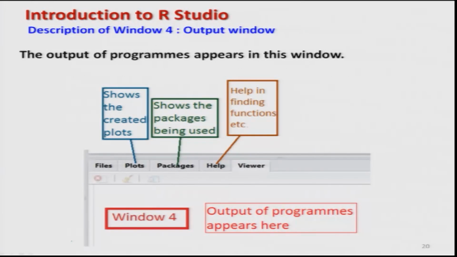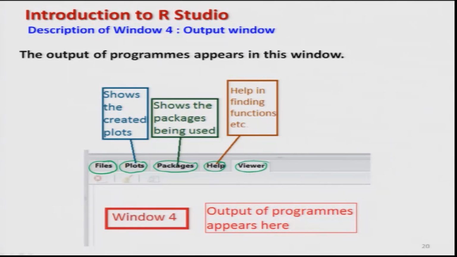Right. So now you can see that there are different icons. One here is files, which will give you an idea about the files, and there is another icon, plots, another is packages, then there is help, and then there is viewer.